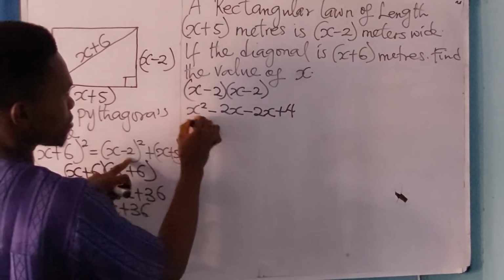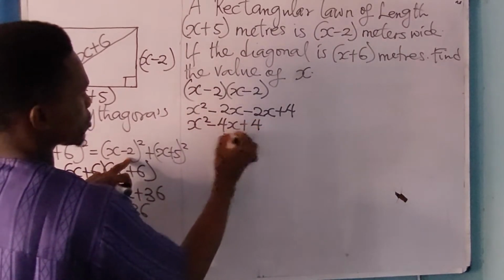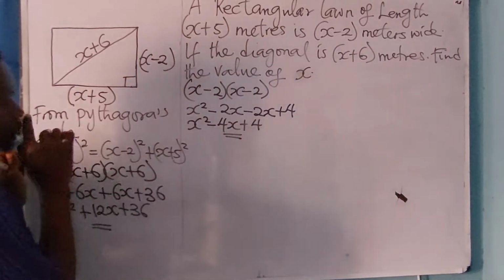So from here I have x squared minus 4x plus 4. So this one is for this.